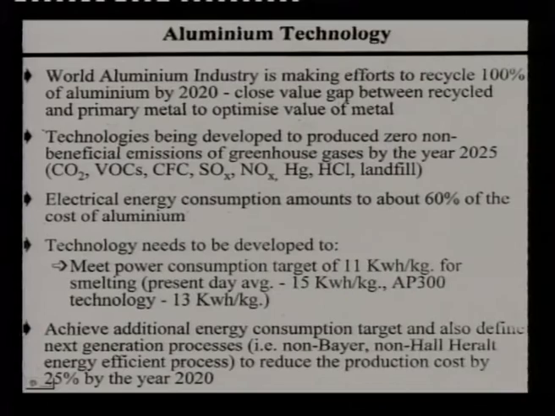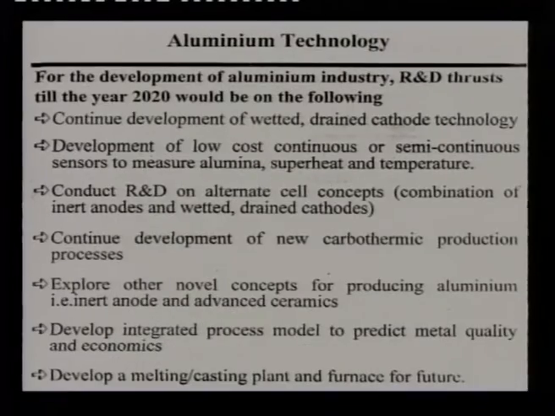We need technologies to produce non-zero emission from cells. Electrical energy consumption has to be brought down. Then there are some other goals, mostly connected with energy consumption, current efficiency, gas emission, carbon consumption, and the industry is trying to improve on all counts.